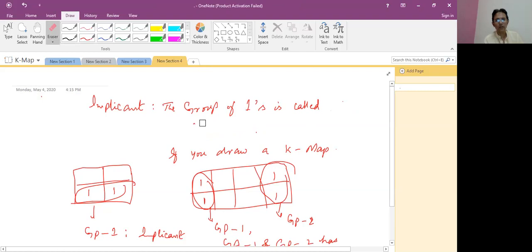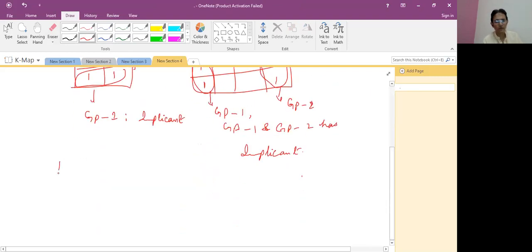I give you other examples about prime implicant. Now, prime implicant.